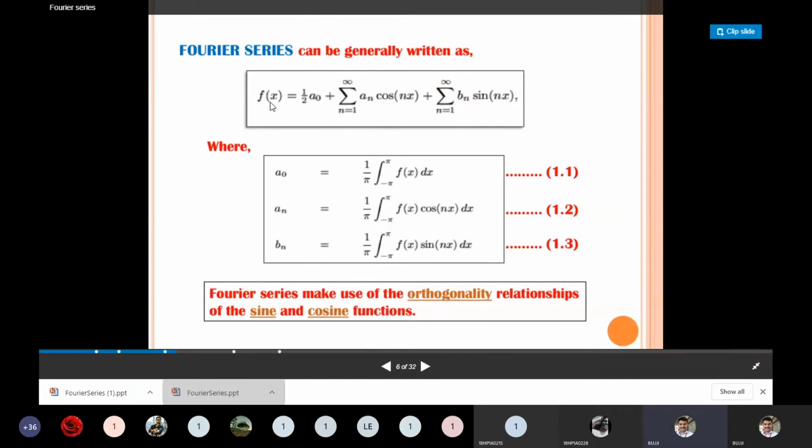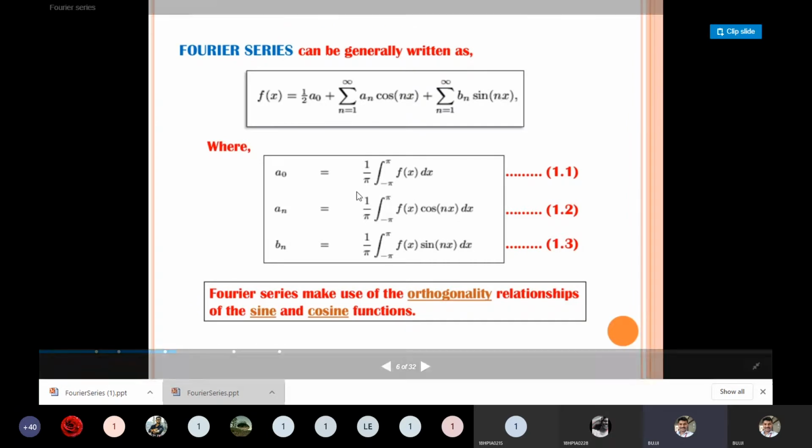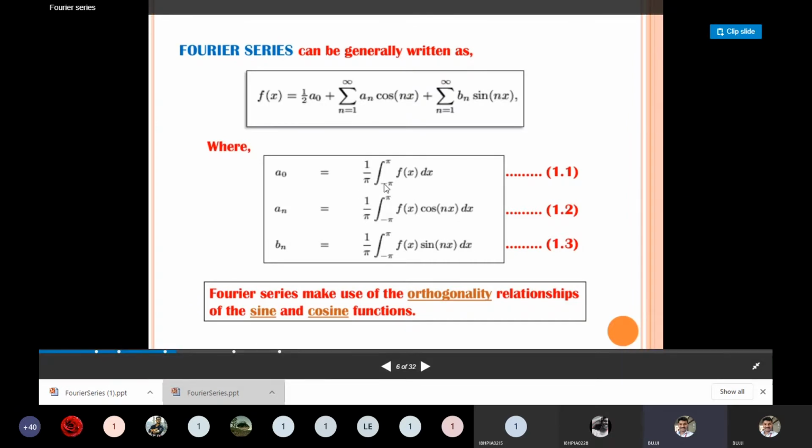If f of x is a Fourier series, then f of x equals half of a naught plus the sum from n equal to 1 to infinity of a n cos n x plus the sum from n equal to 1 to infinity of b n sin n x, where a naught is the DC term. A naught equals 1 by pi integral from minus pi to plus pi of f of x dx, taken over a period minus pi to plus pi.